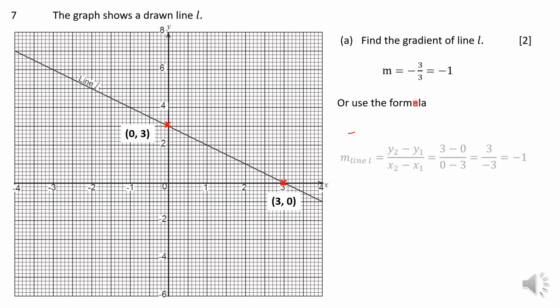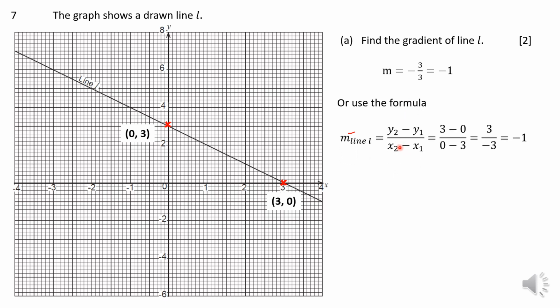When I use the formula delta y over delta x, I take the 2 y values and subtract them. That means 3 minus 0 equals 3, and then I take 0 minus 3 equals negative 3, and then I get my gradient. So when you use the formula, you get to the answer without having to worry about the sign.